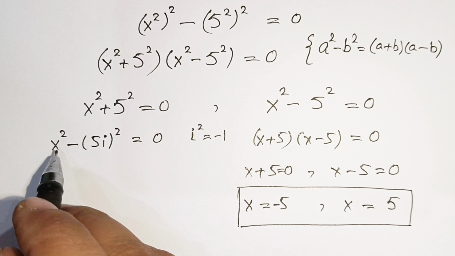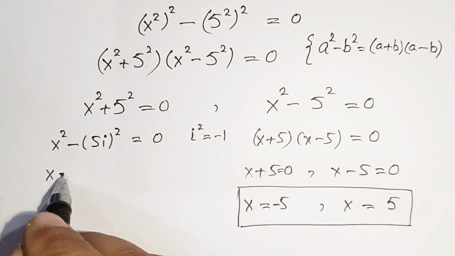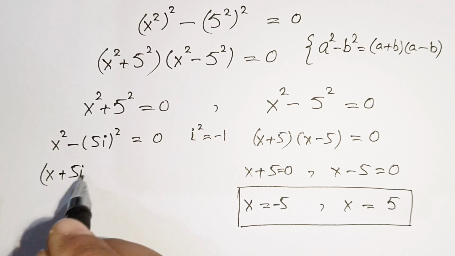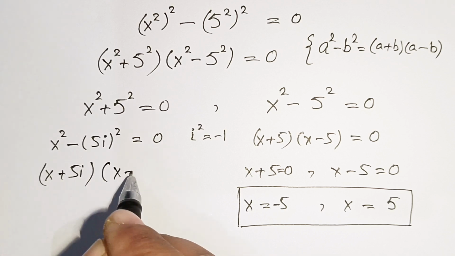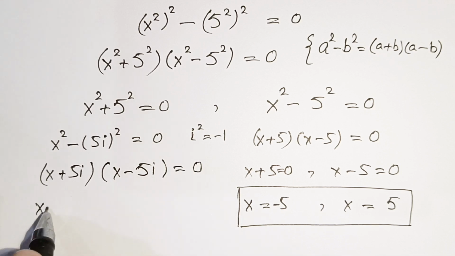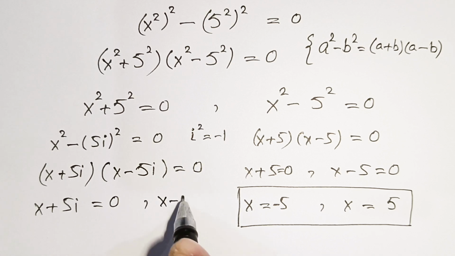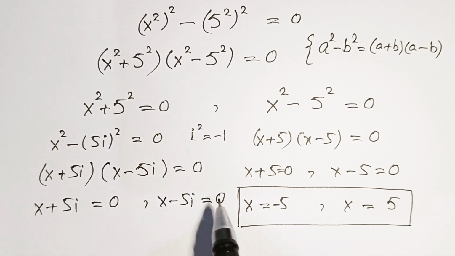So now using this law here, we have x plus 5i times x minus 5i, which is equal to 0. So x plus 5i is equal to 0 and x minus 5i is equal to 0.